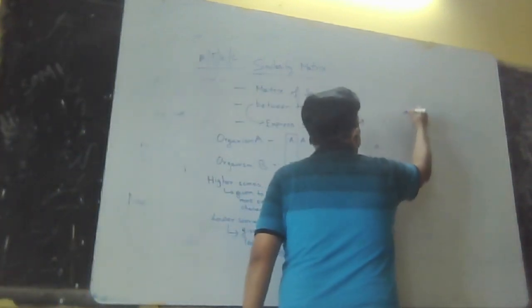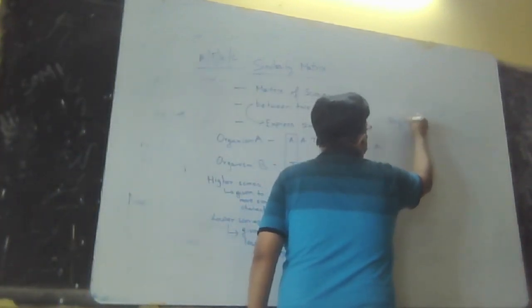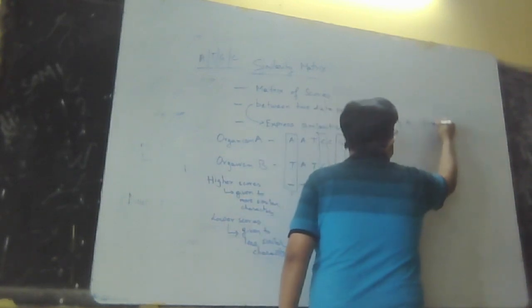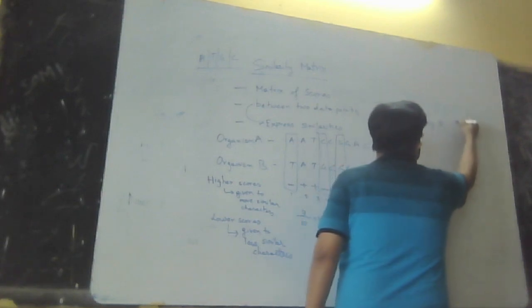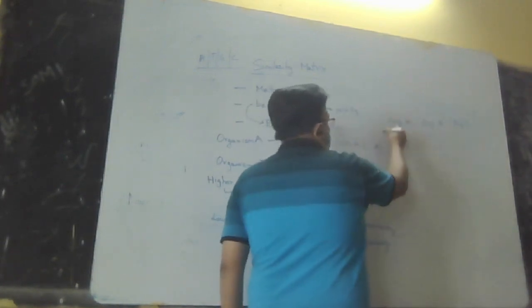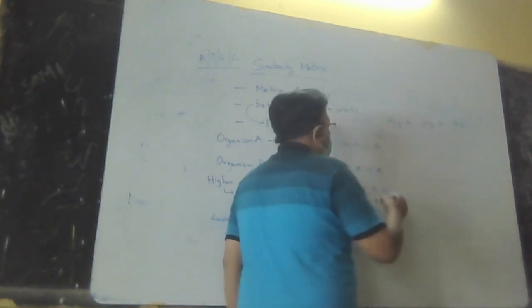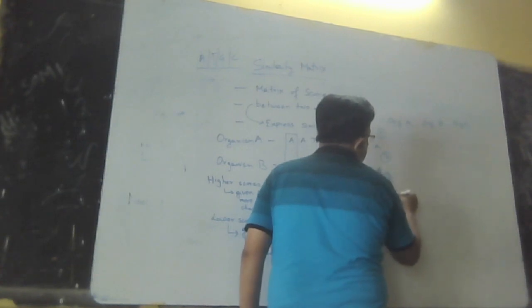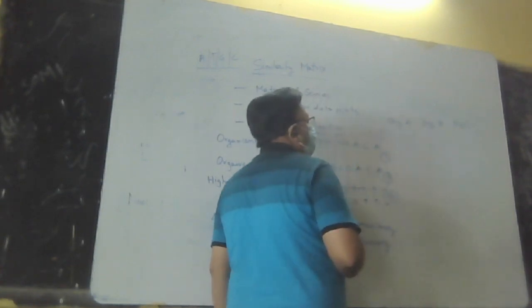Just a small example I will be drawing. Organism A, organism B, organism C. This is character 1, character 2, character 3, character 4.